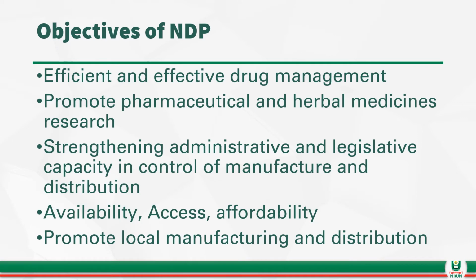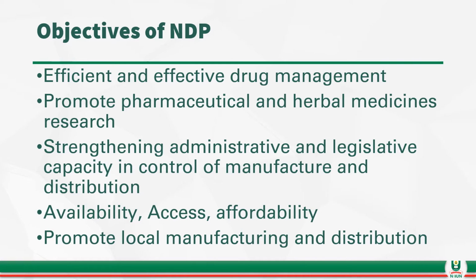So, by extension, the objectives of national drug policies is a kind of an expansion of the goals to now state that such drugs must be efficient and effective in terms of its management. Pharmaceutical and herbal medicine research should be promoted.